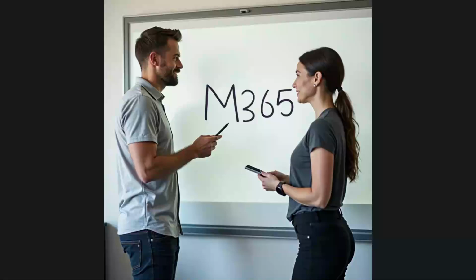It's a game changer for teamwork and productivity. You're not sending files back and forth. You're all working on the same document at the same time. And on top of that, you've got device compatibility. You can use it on Windows, Mac, iOS, Android, any device you can think of.